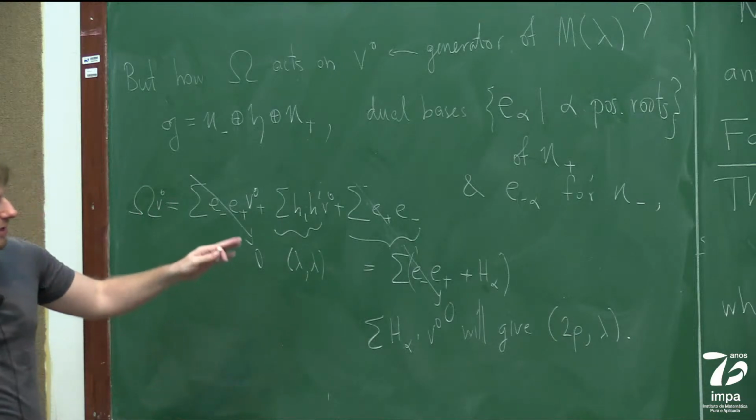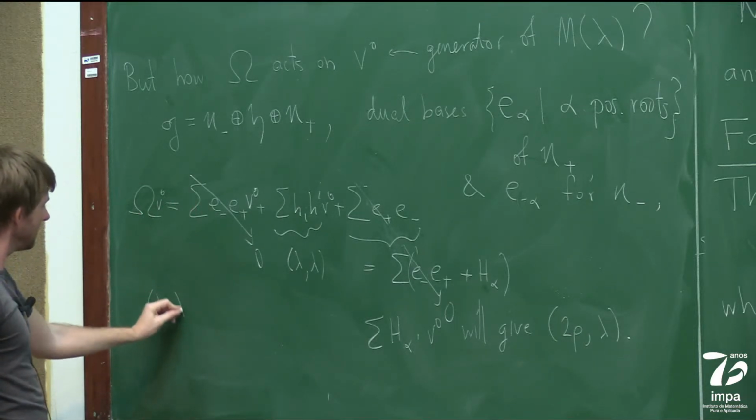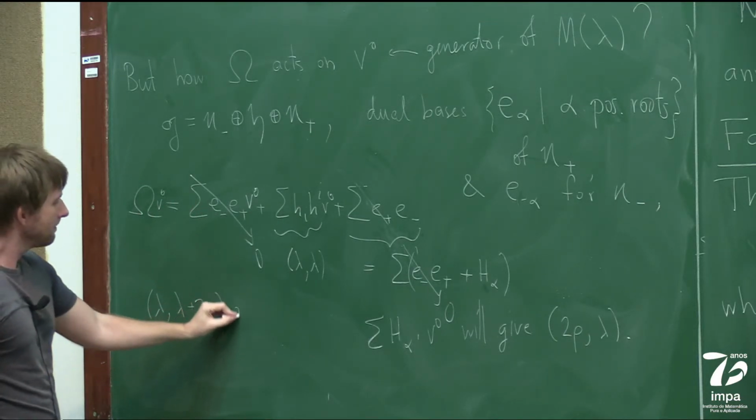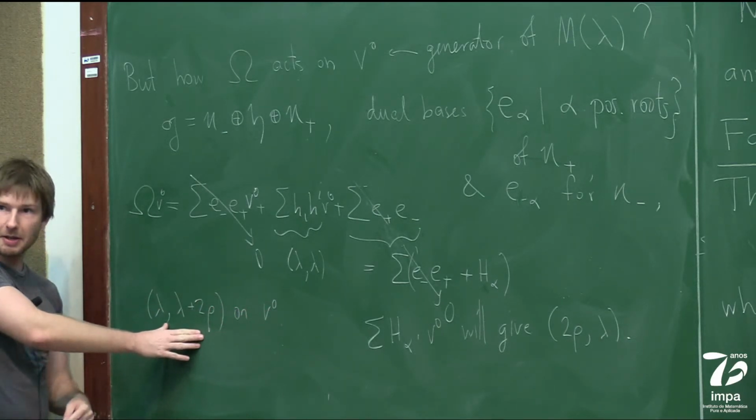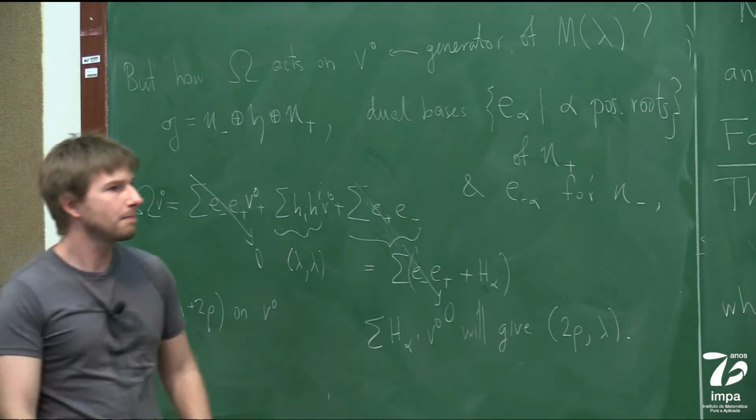Okay, so the Casimir acts by that constant, lambda plus 2 rho, on v naught. Therefore, it acts by the same constant on all other vectors in the Verma module.